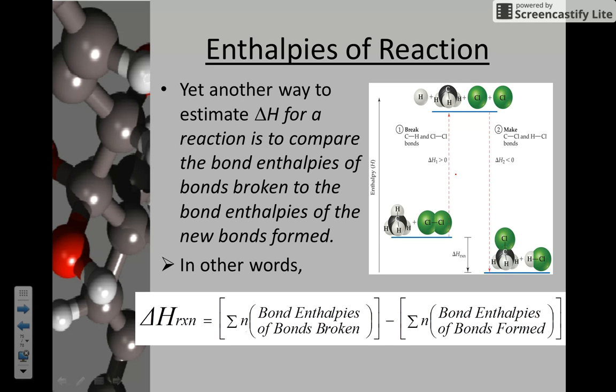Also, if you look at this diagram, I want to remind you of the enthalpy diagram that we normally see. This is a little different version, but I'm going to use this one for an example. This represents the energy of your reactants, so you have your methane plus your diatomic chlorine. Well, for any reaction to occur, these molecules have to collide with sufficient energy to reach what we call the activation energy, which in this case is up at the top point here.